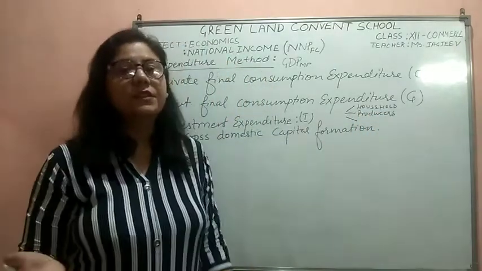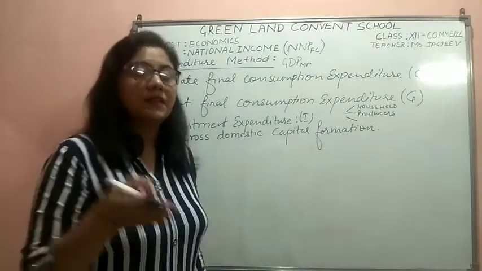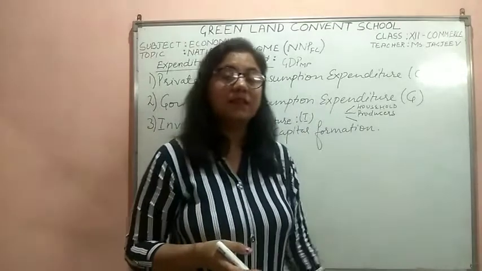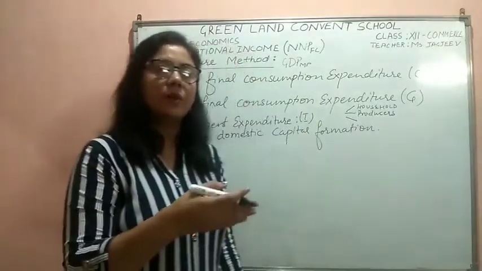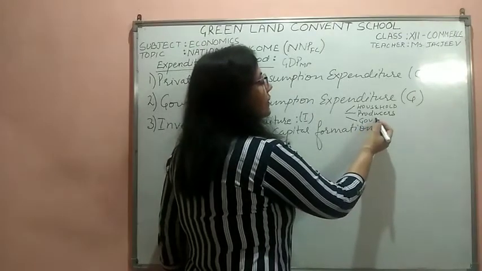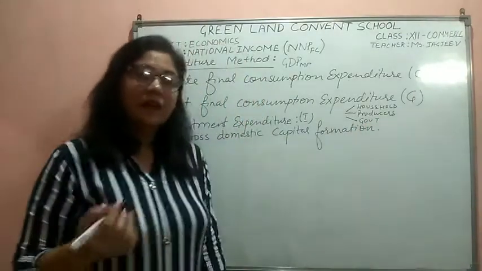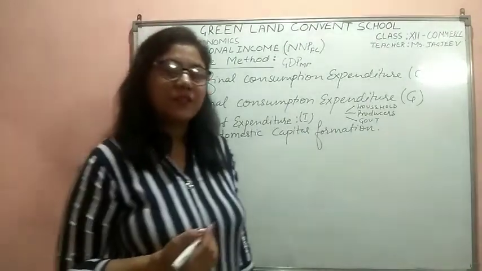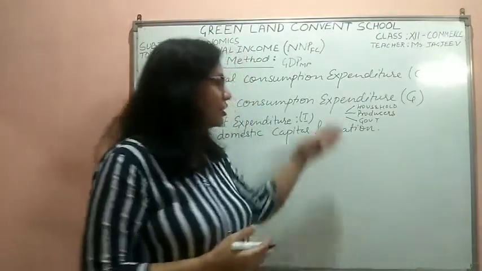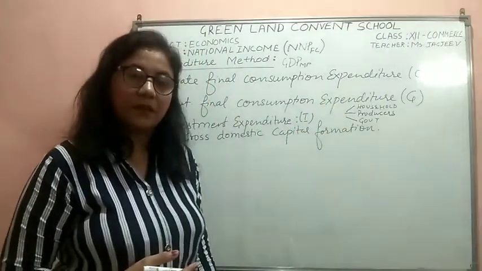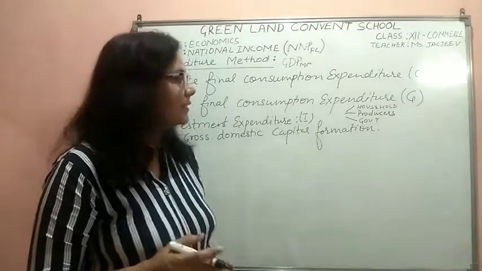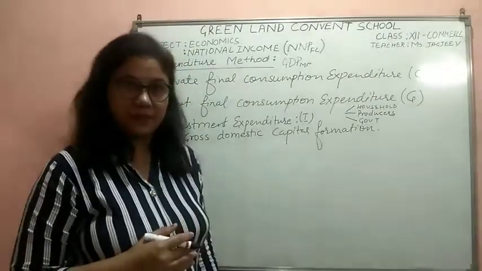Land and building, plant and machinery, premises, all such expenditure is done by the producers in the form of investment. Thirdly, the government is also doing investment expenditure to build the infrastructure of the country, roads, bridges and all such. So three types of sectors are doing investment expenditure: household sector, producer sector, government sector.